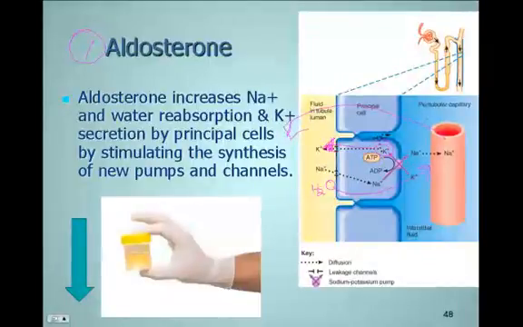As you can see here, aldosterone is a hormone that increases potassium secretion. So potassium is secreted from the blood into the interstitium, moved across the tubule cells and into the filtrate, and then excreted as urine. So aldosterone increases sodium and water reabsorption and, in the other direction, increases potassium secretion.